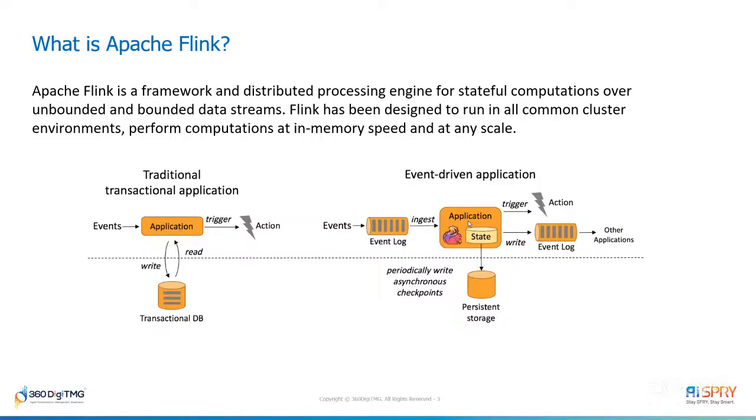So Flink also saves data in some persistent storage, just like a transactional DB. But it maintains something called state. What is the state of previous events?